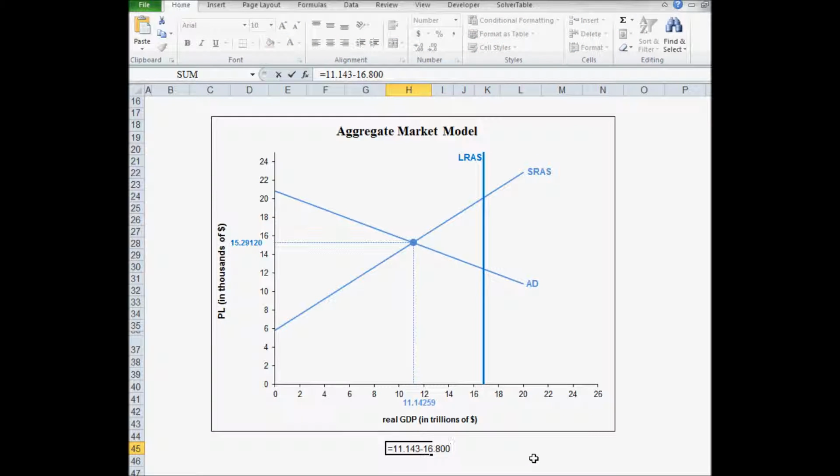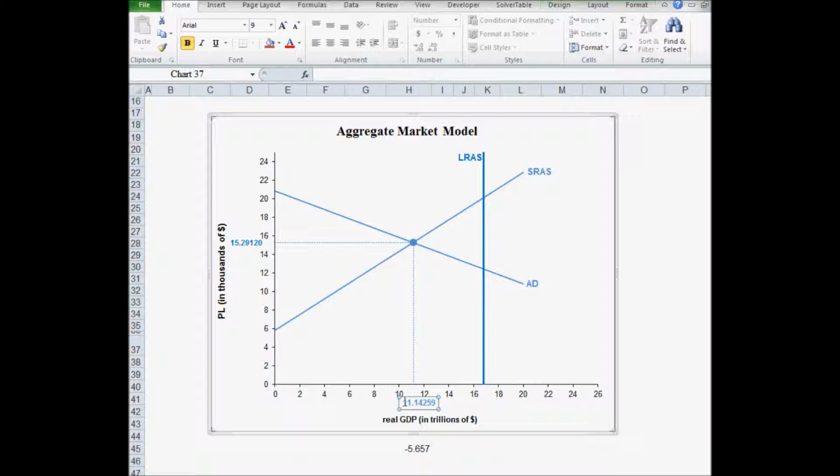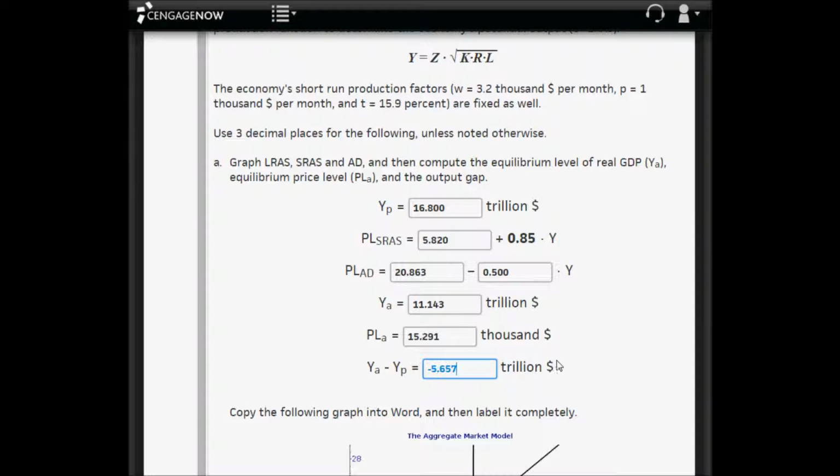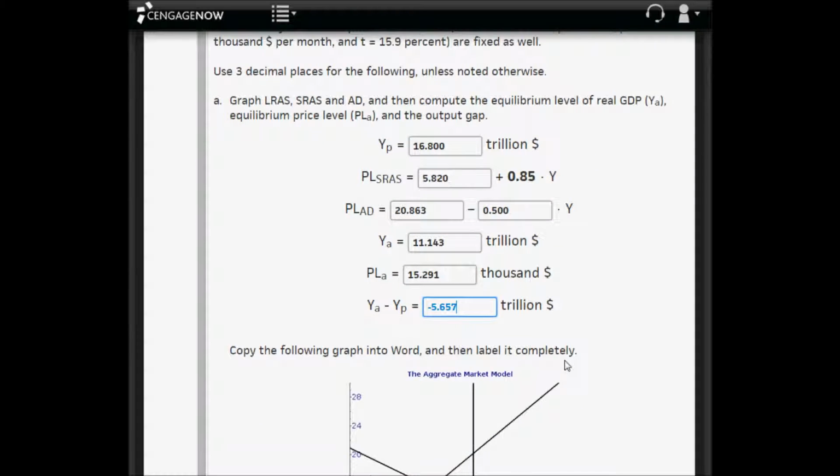If I use 3-digit decimal accuracy in the intermediate step, I get a gap of negative 5.657. If I use 5-digit decimal accuracy, I get the same thing. So we're safe. So the output gap implies there is a recessionary gap.